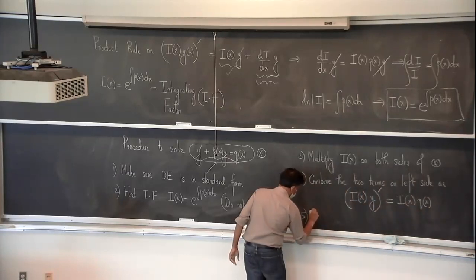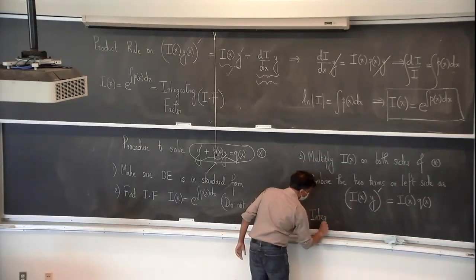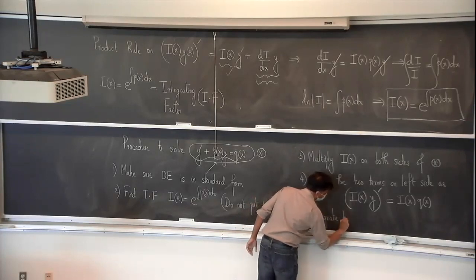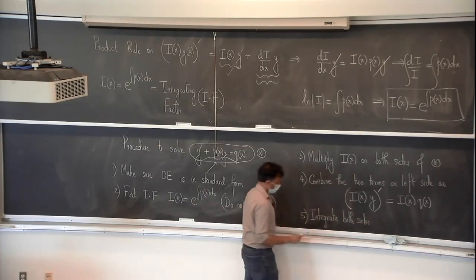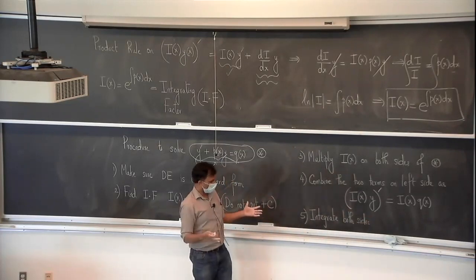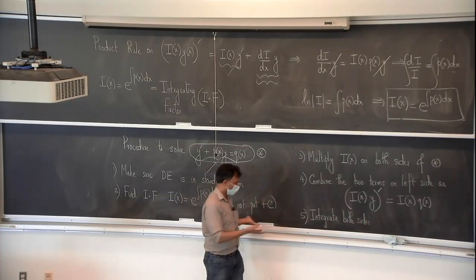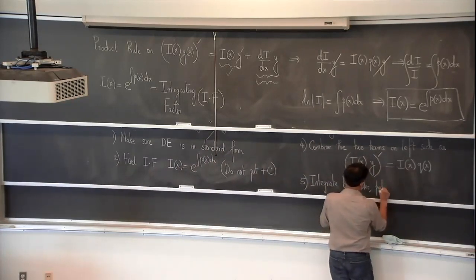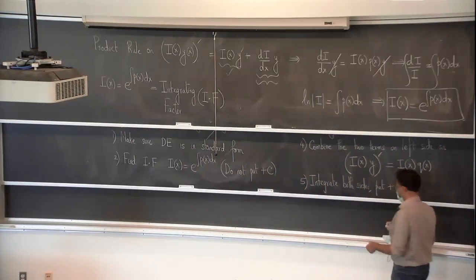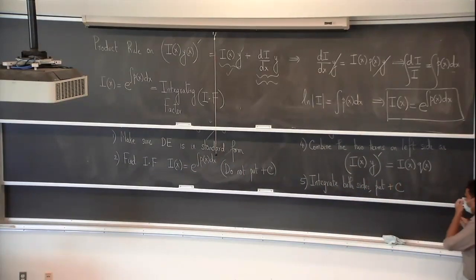Integrate both sides with respect to x. I think it should be pretty obvious that x is the independent variable here. Now here is the important thing. Put a plus c immediately. Don't wait till the last step, and then solve for y.